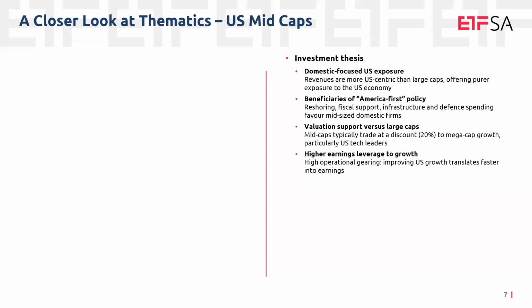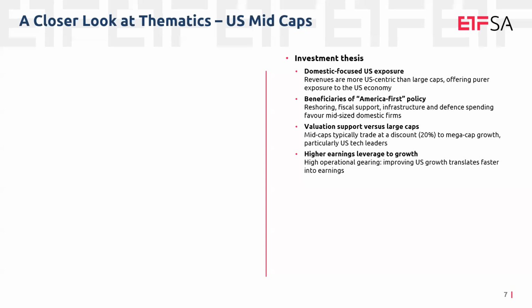The other aspect that is really quite important is because this is more US domestic focused, we find that the earnings of these mid-cap companies have much better leverage to US economic growth. What that really means is that when you get good economic growth, it translates at a faster pace into the earnings of the mid-cap companies.